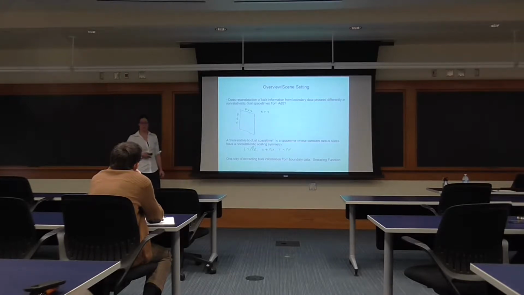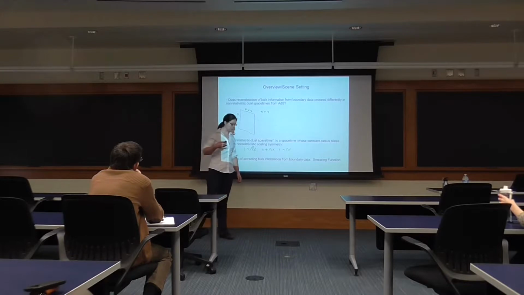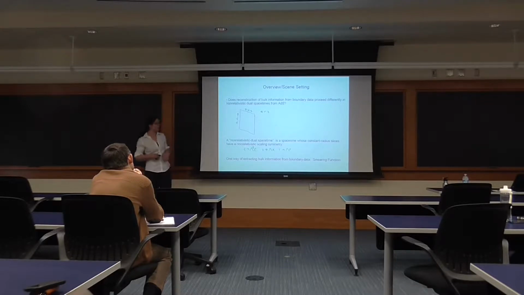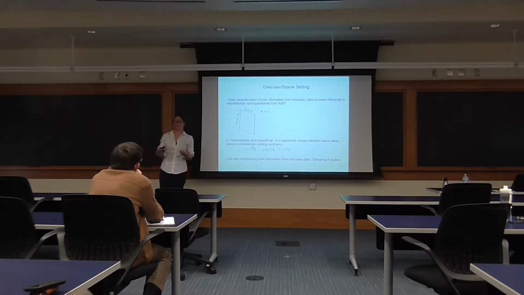And the question that we were asking here is, how does this process work when, instead of applying pure AdS/CFT, you're applying AdS to some system that has a different symmetry? So we might imagine having a non-relativistic scaling symmetry in the dual setup.